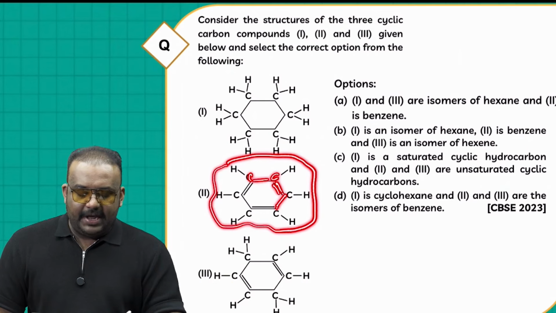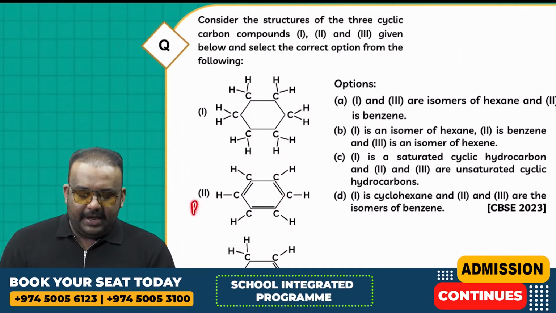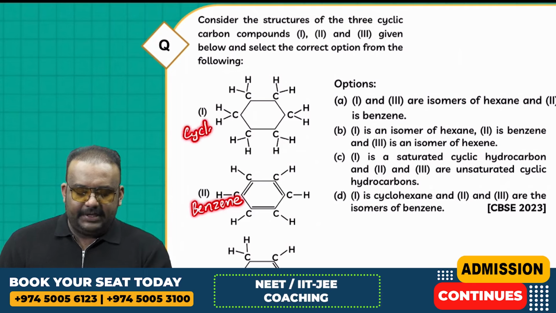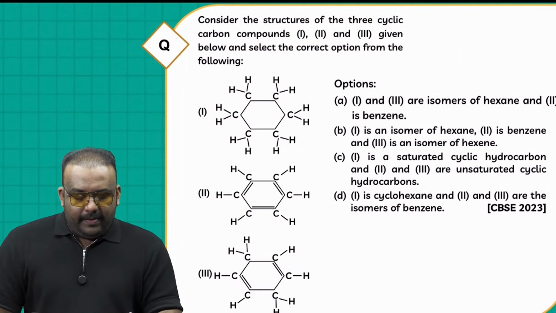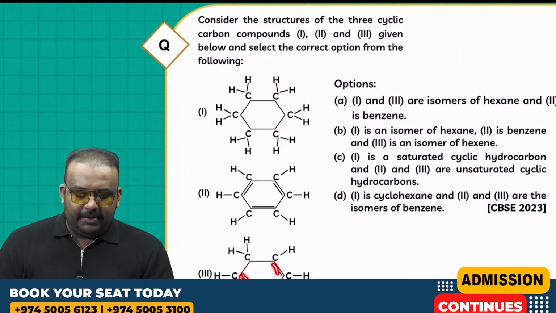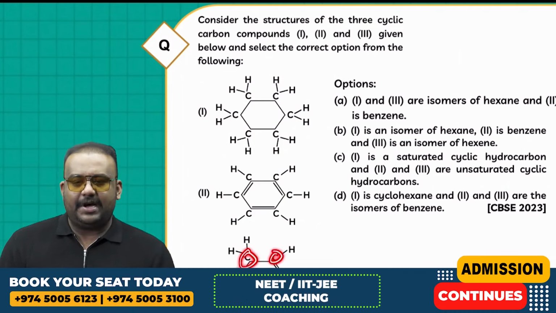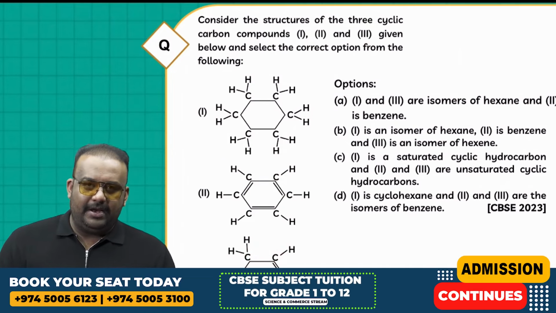And you can see that they are alternate double bonds, right? So this is basically benzene and the first compound is cyclohexane. Now, in the next compound, you can see this also has two double bonds and 1, 2, 3, 4, 5, 6 carbon atoms. So it is also a cyclic alkene.